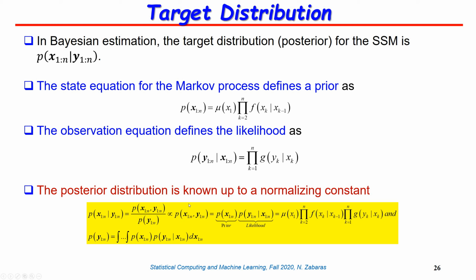So you will see often in the lectures that I'm going to be using this unnormalized posterior because you remember always we want to use Monte Carlo methods that don't require that you know the normalization factor of your target distribution. So this joint distribution of the x and y is the prior model that we have seen here times the likelihood, and I'm writing all of this now explicitly, and you need to be very aware of this expression because this is the type of model that we're going to use.